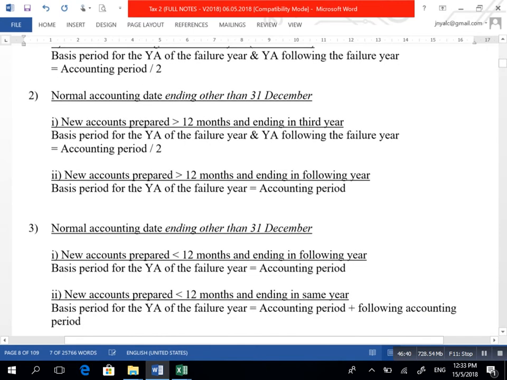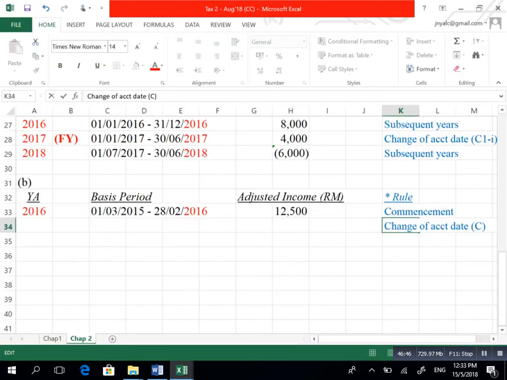Okay, so this is actually the year of change. So this is the filler year. And for this year of change, what does category 2 sub 2 say?